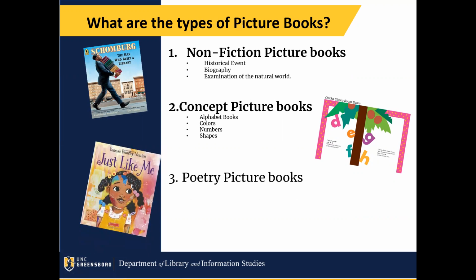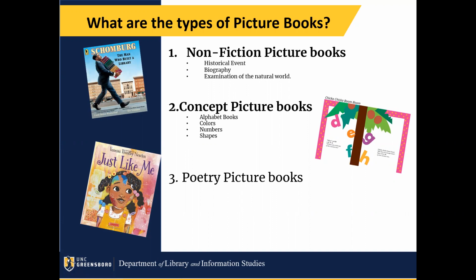The next kind of book in the picture book definition are poetry picture books. And with poetry picture books, I've got an example here, Just Like Me, you see on the screen. These are picture books that can be full stories written in rhyme, which we're going to talk about in a few weeks. We have a whole week we're going to dedicate to poetry.